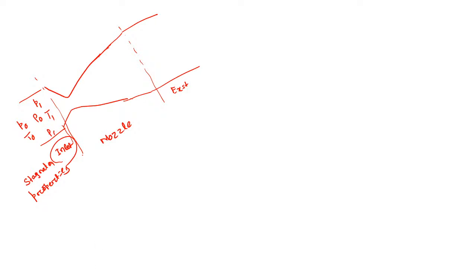We are trying to expand this flow in the nozzle so that we get a desired Mach number. Suppose this is a nozzle used for the Mach 6 case. Obviously at the exit we expect a Mach 6 flow, so that the rest of my test section will see a Mach 6 flow.